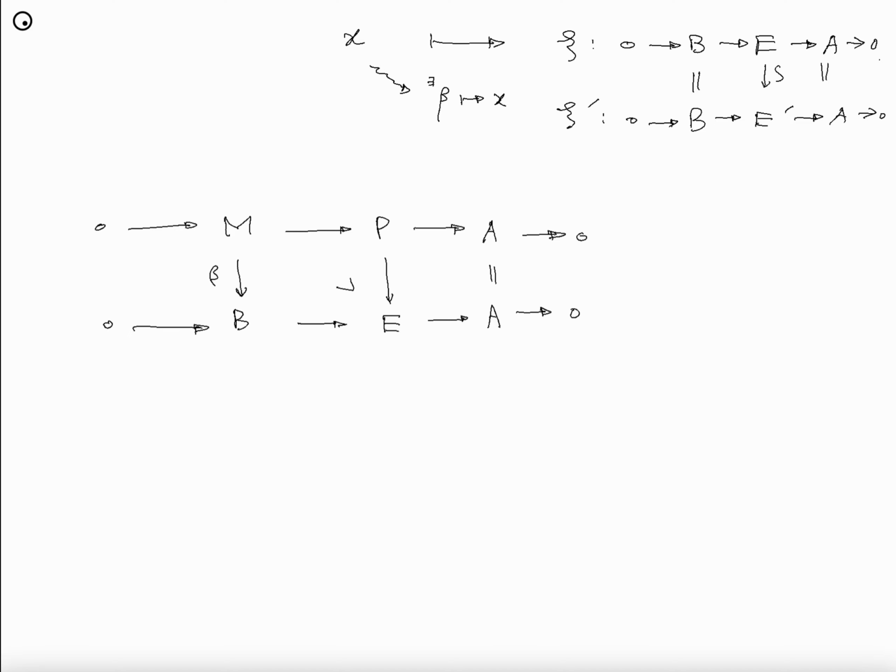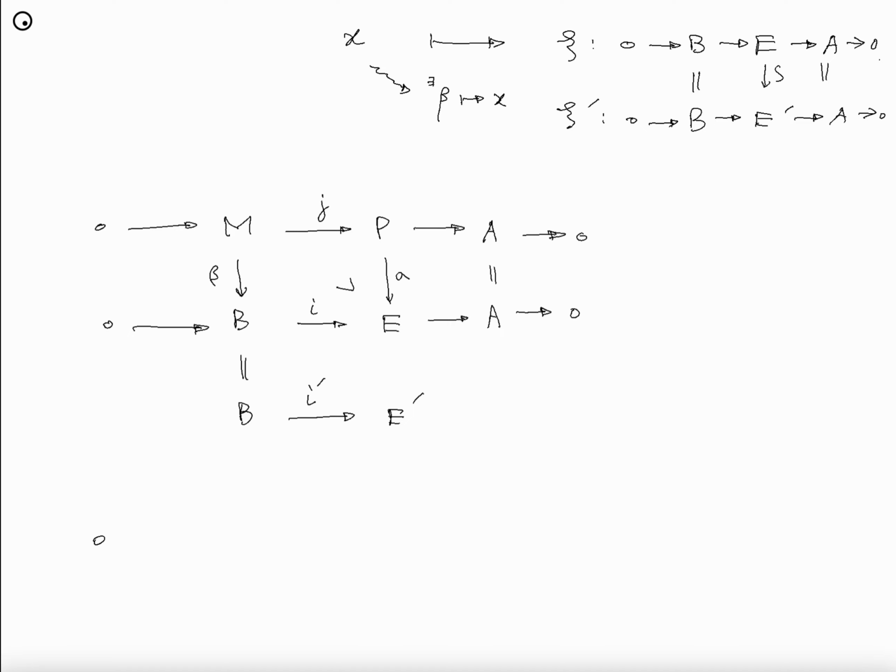And then we're going to construct a map from E to E prime. Let's put this identity, call this I, call this sigma, call this J. I'm going to construct a map from E to E prime. How am I going to construct this map? Let me call this I prime.